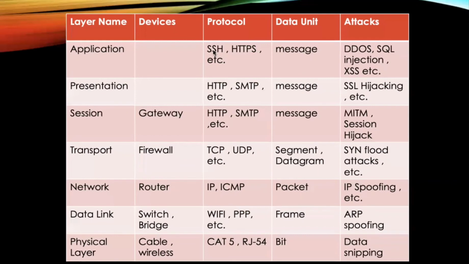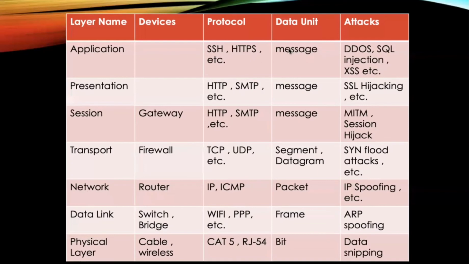For example, if you want to access a remote server, you have to SSH to that server to access it. I'll show a real-time example of accessing an SSH server, how we access it, and what different options are available. We'll see that in detail.